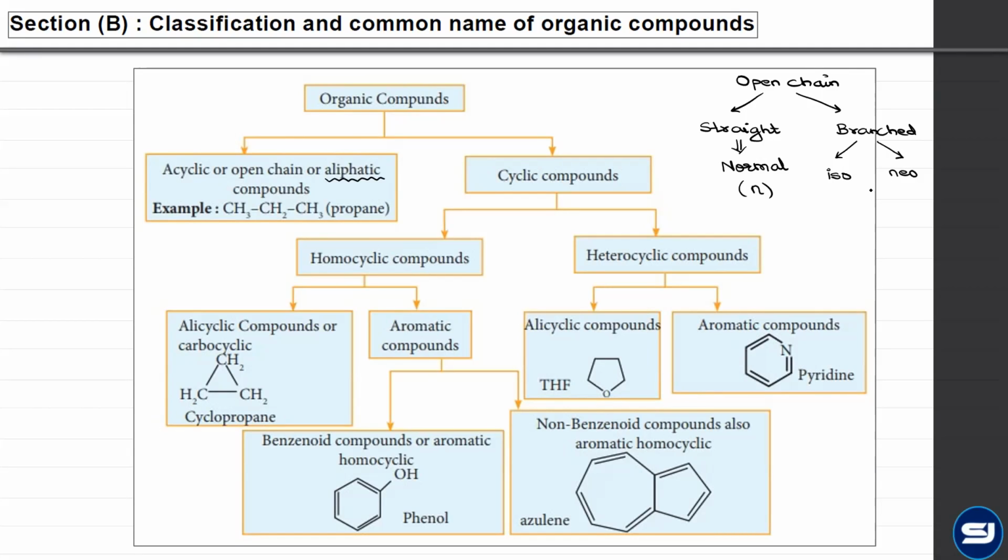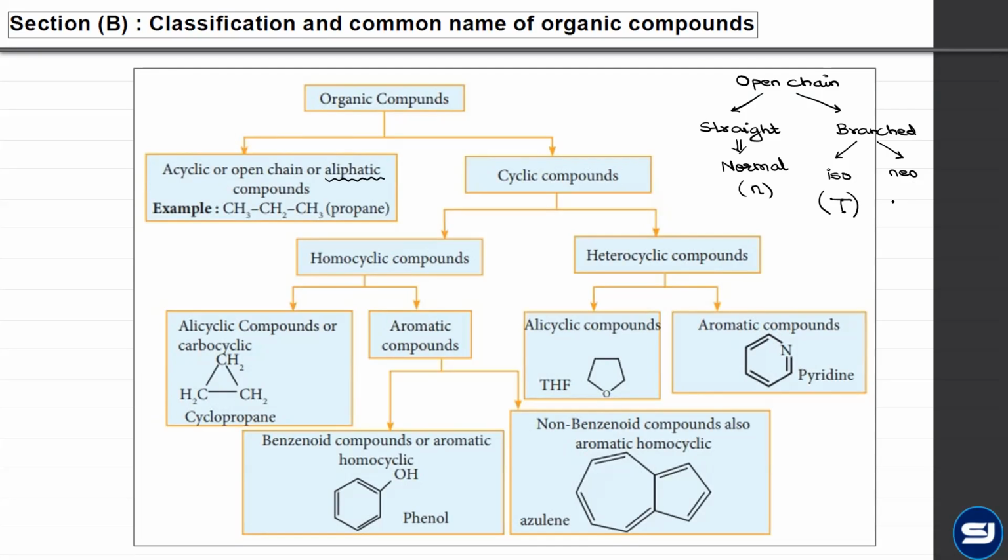By definition, what is iso? One carbon branched on the second carbon of the straight chain. And it gives an appearance of T shape. तो iso को मैं T shape alkenes बोलता हूँ. And neo, plus.